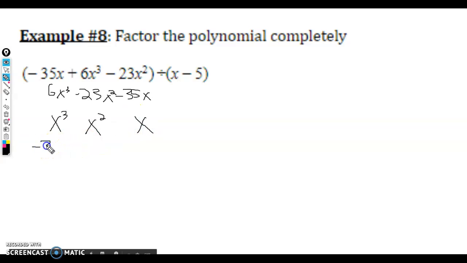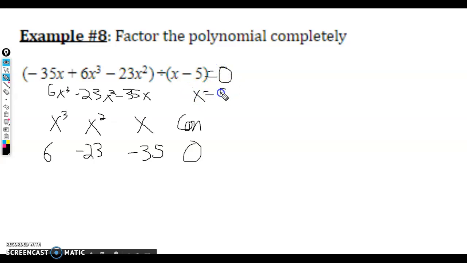So I can have 6, negative 23, negative 35, and then I forgot my constant is 0. Set this equal to 0 and x equals 5.